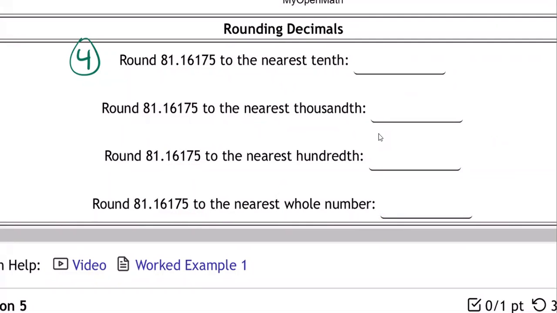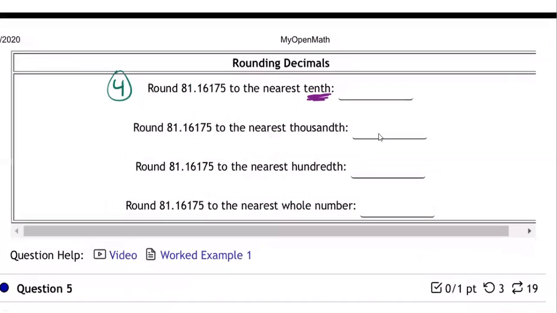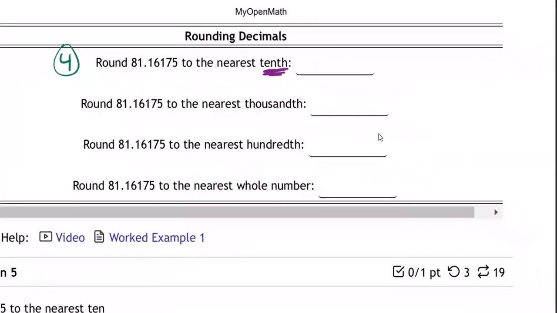So we're starting here. They want us to round to the tenths place. Remember how the place values work? Let me write a number up here. Maybe this would be helpful. How about 123.456, and then I just write down the places.